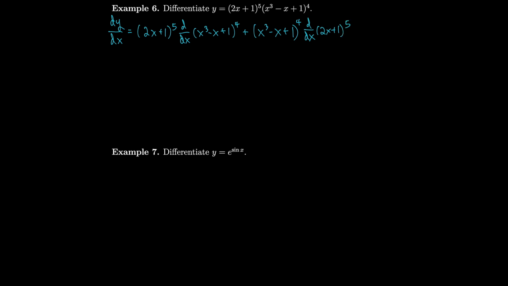The product rule says you leave the first one, take the derivative of the second, plus the second times derivative of the first.